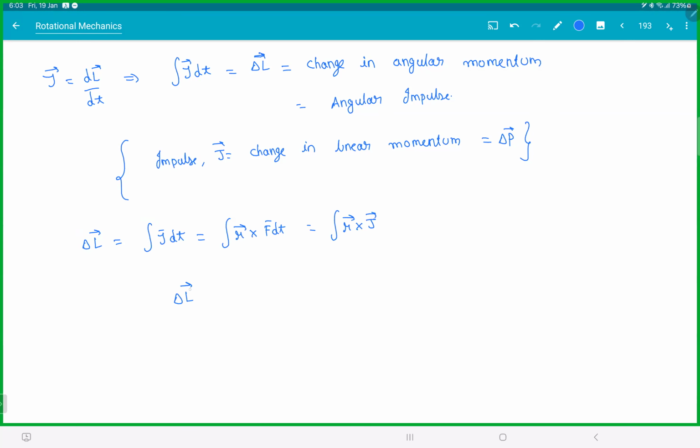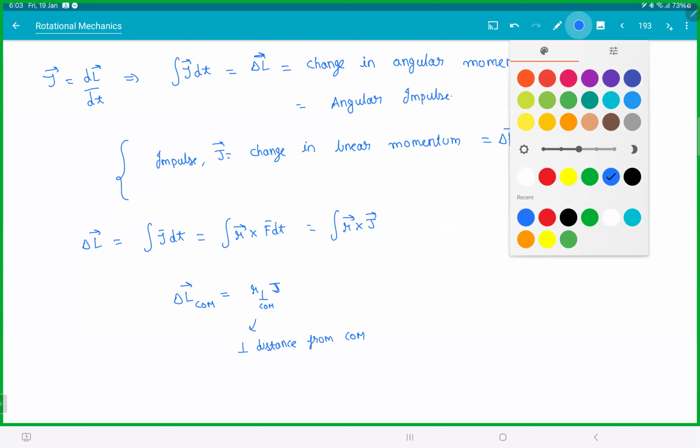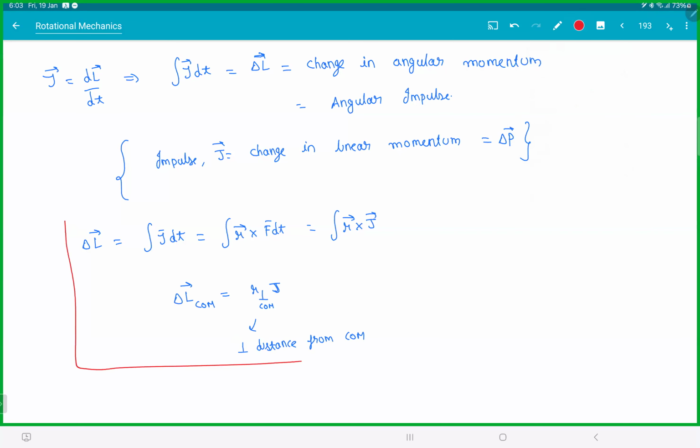For example, the change in angular momentum about the center of mass will be R perpendicular, the perpendicular distance from the center of mass, into J. We will see these problems later on. This is the relation between angular momentum, angular impulse, and linear impulse.